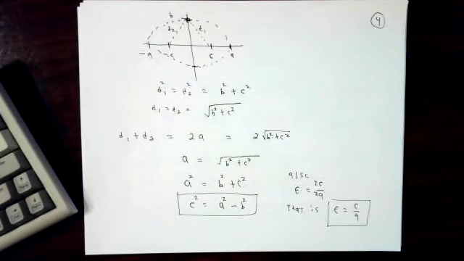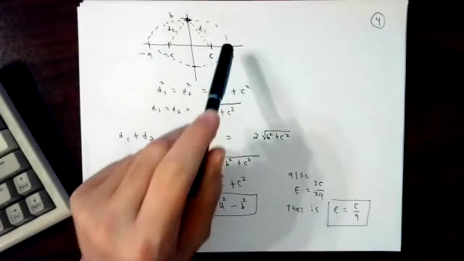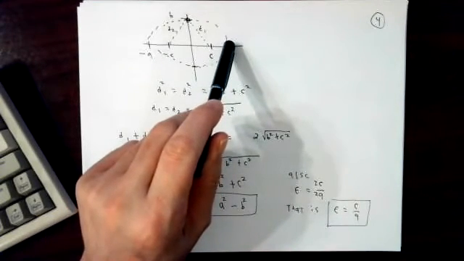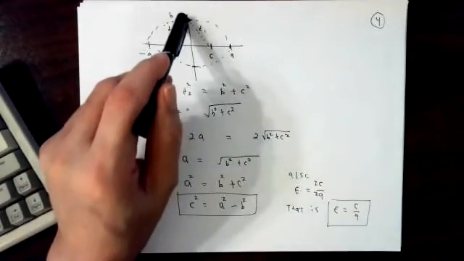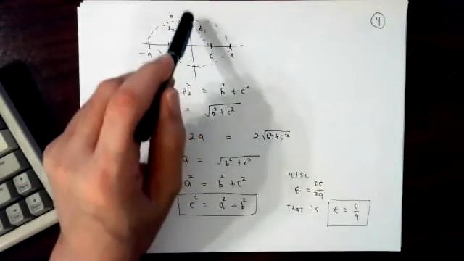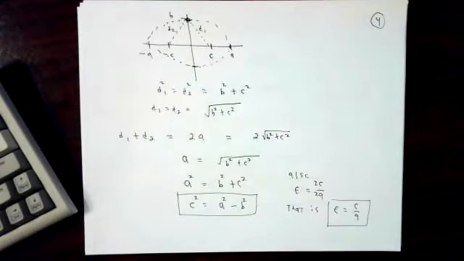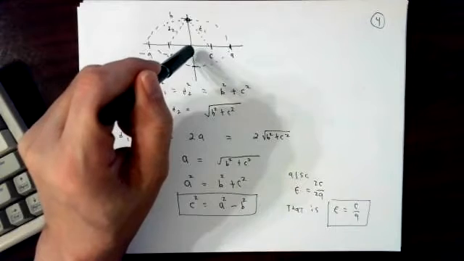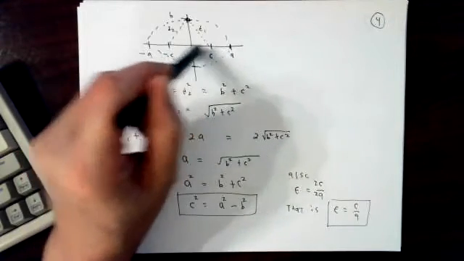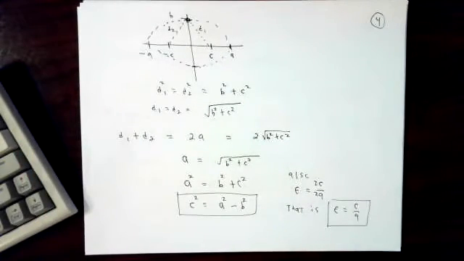There's a relationship between the numbers A, B, and C that we can figure out by thinking not of that particular point, but of that one instead. Here I have a right triangle, so it follows that D1 squared must be this distance squared, B squared, plus this distance squared, C squared.